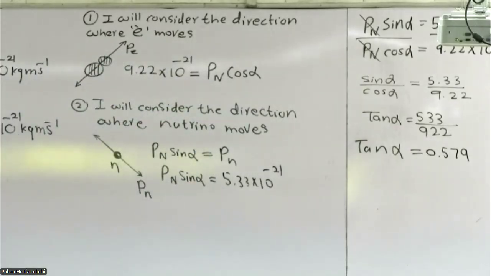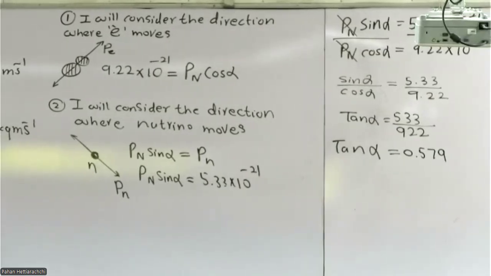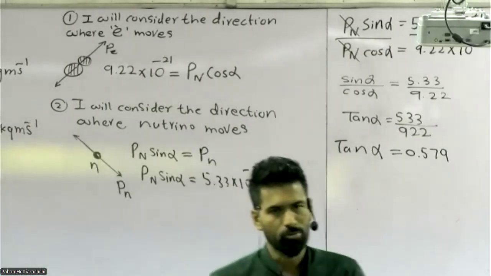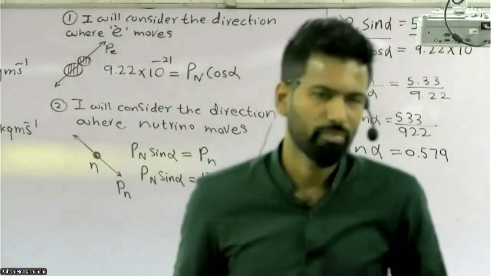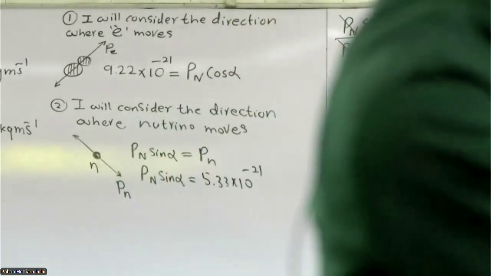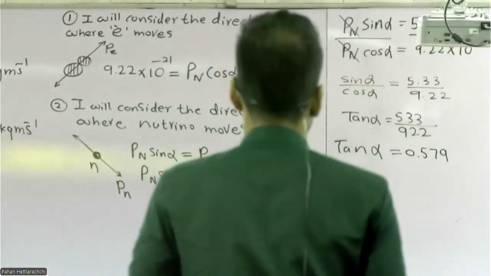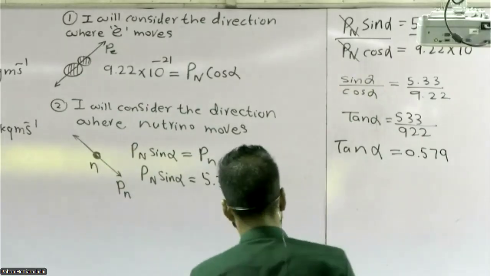The calculator is in a different mode. It will take some time to reset. I have to look through the functions. I'll solve it through the logbook. Now tan alpha has a value of 0.579.